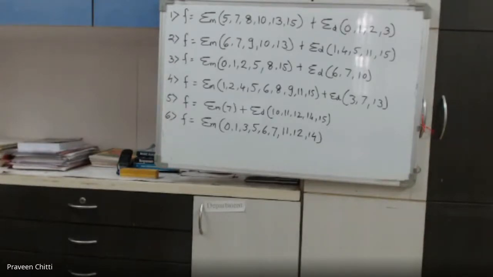F equal to sigma m 7 plus sigma d 10, 11, 12, 14, 15. And the last sixth example is F equal to sigma m 0, 1, 3, 5, 6, 7, 11, 12, 14.